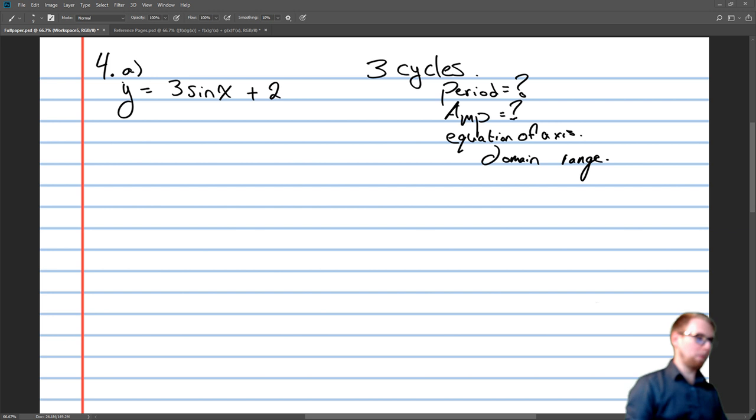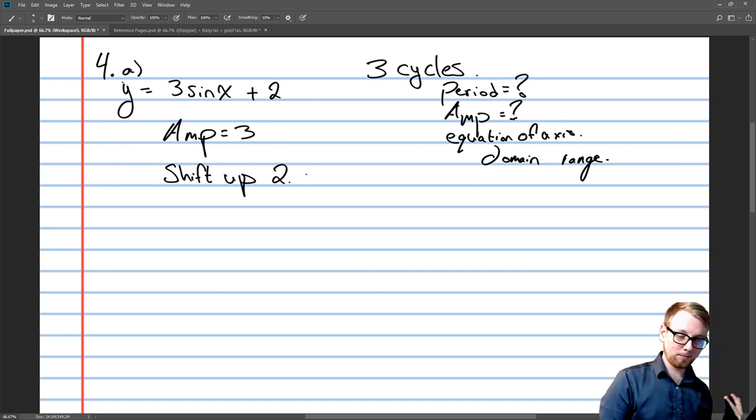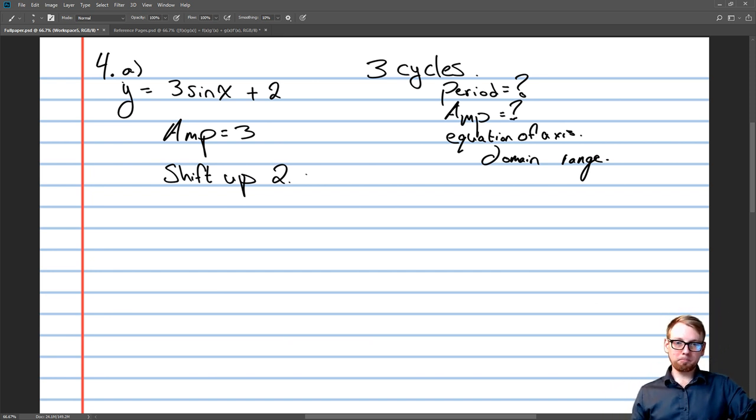Amplitude is 3. Good. And it's shifted up 2. Good. 3 cycles. Now, this sine x, there's nothing in there. So what's the period?